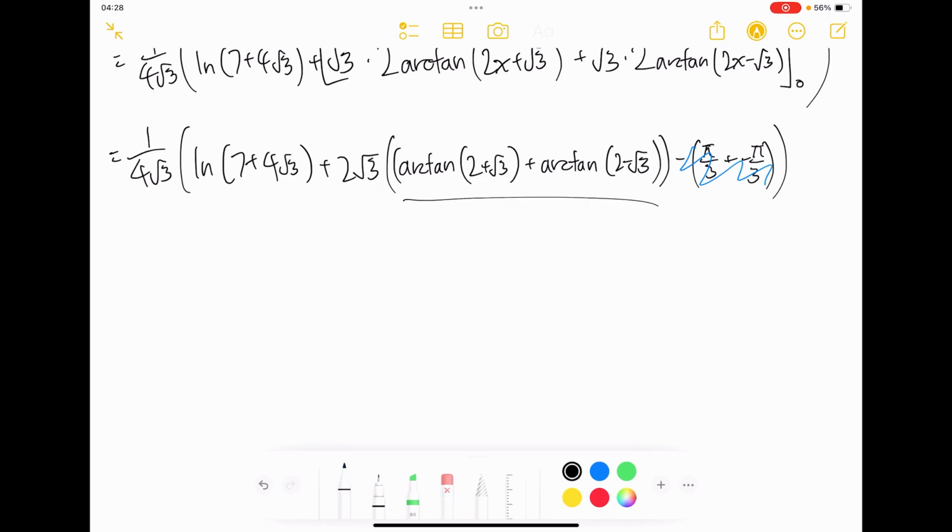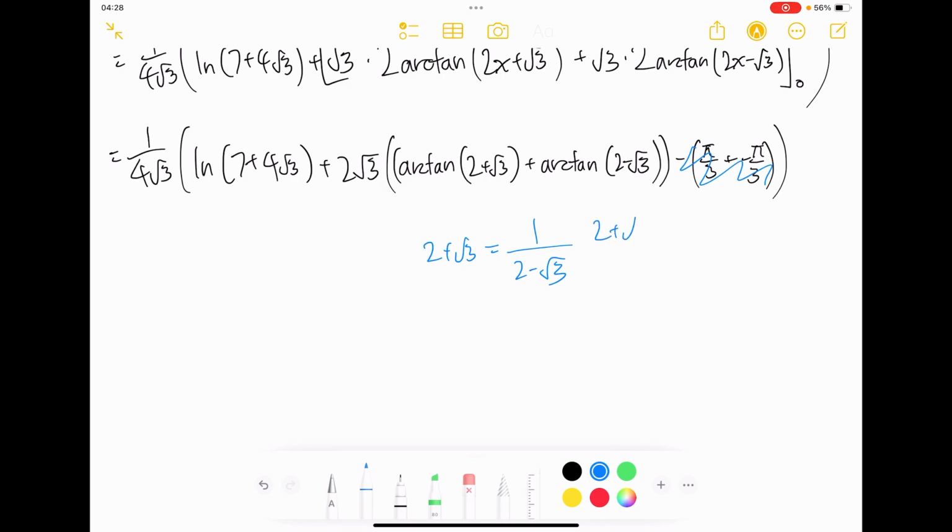Right, so what we're going to notice is that 2 plus root 3 is actually the reciprocal of 2 minus root 3. And you can verify that by multiplying the top and bottom by the conjugate. And then that gives you back 2 plus root 3 because the bottom multiplies to 1, because 4 minus 3, which is 1.